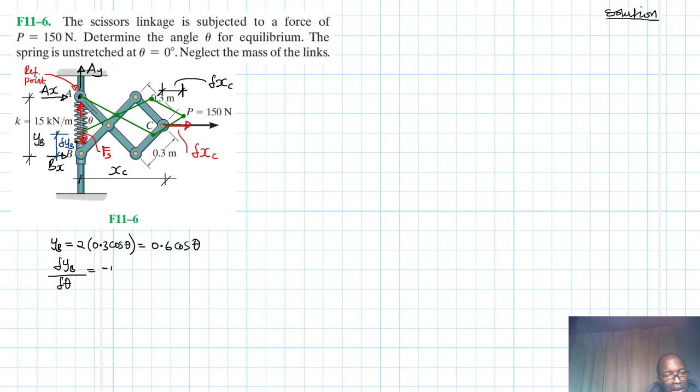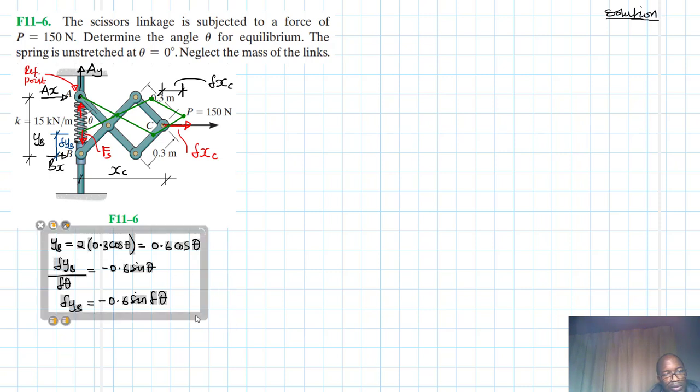This gives us a minus 0.6 sine theta. And writing this in terms of just del YB, del theta will go the other side, therefore we'll have del YB just equal to minus 0.6 sine theta del theta. All right. So we've done the first case.